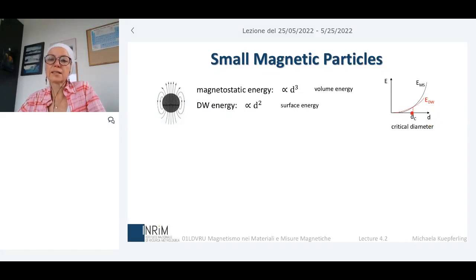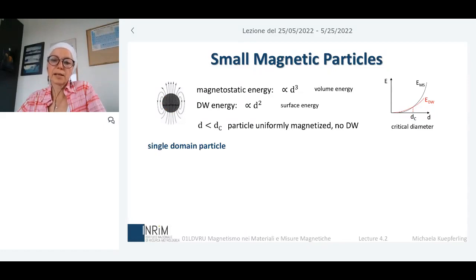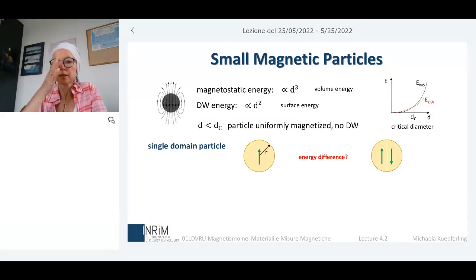And in this case, it's not convenient to introduce a domain wall in your spherical magnetic particle, as it is shown here. So this is the so-called single domain particle, which is so small that we prefer not to introduce a domain wall and prefer to have it uniformly magnetized.